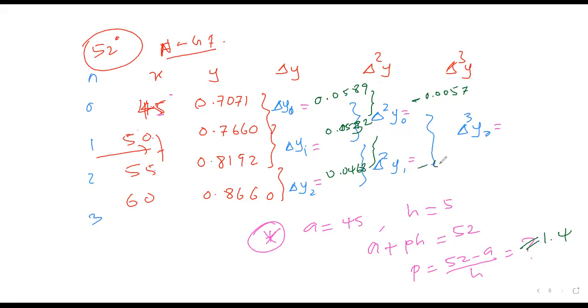Okay. Minus 0.0064. Good. Okay. Final. Minus 0.0007. Okay, thank you. So that's all the things.